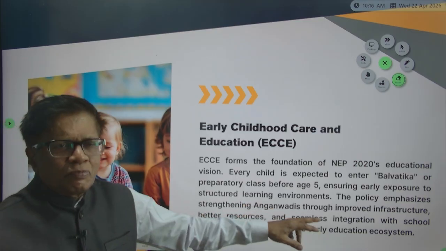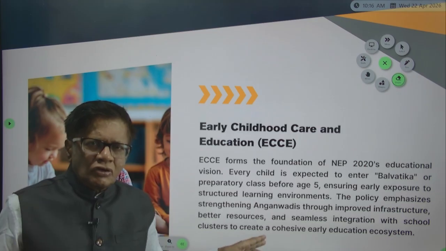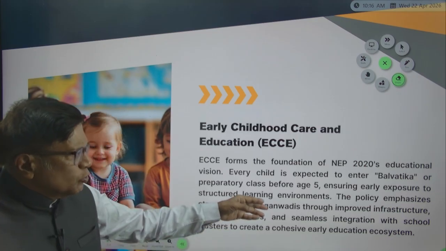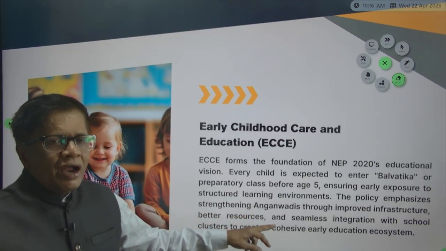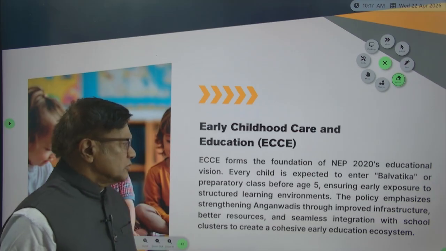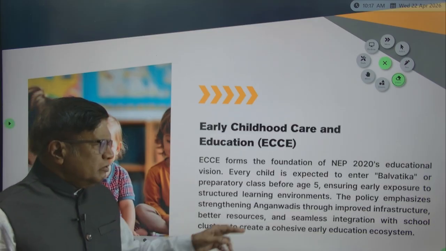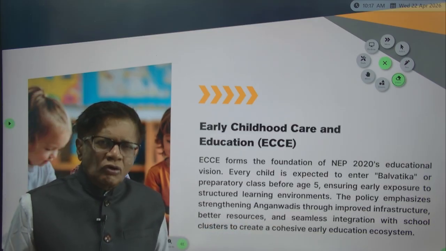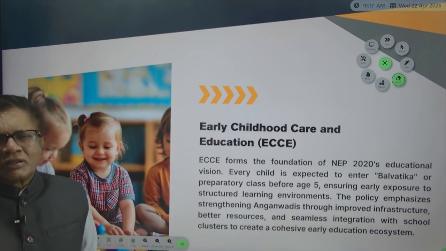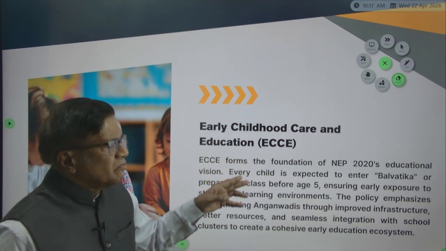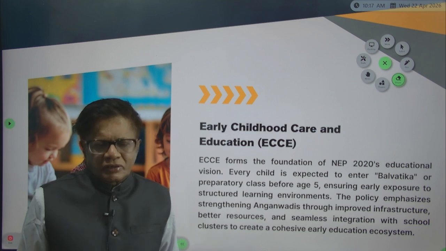This policy is emphasizing strengthening the Anganwadis across the entire country through improved infrastructure, better resources, and seamless integration with school clusters to create a cohesive early educational ecosystem. This is what this particular educational system, that is ECCE, is trying to mobilize across the country.